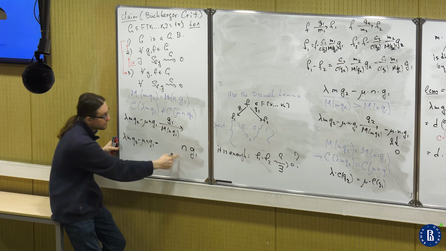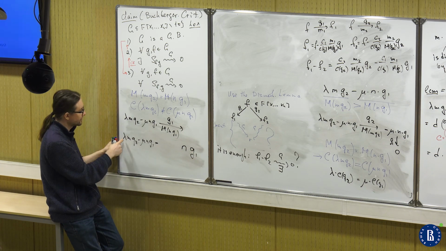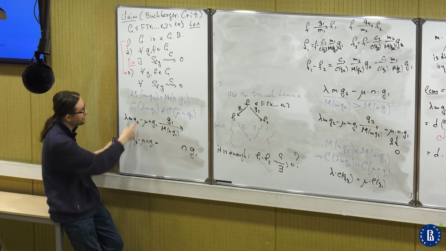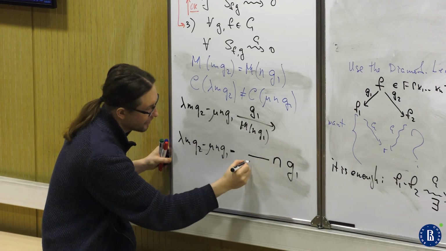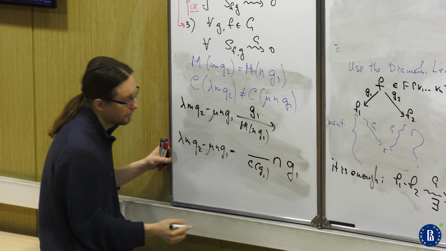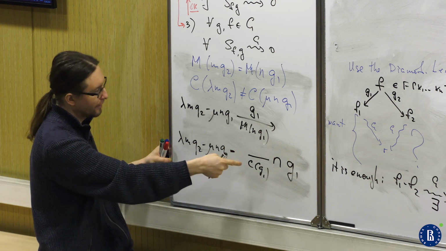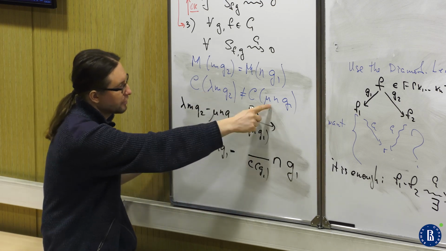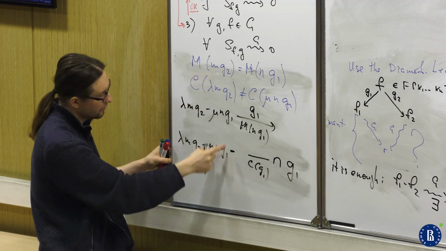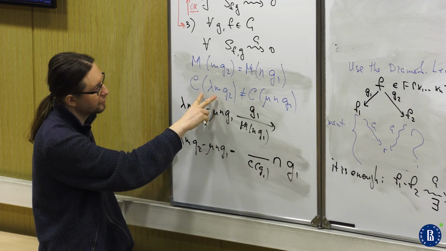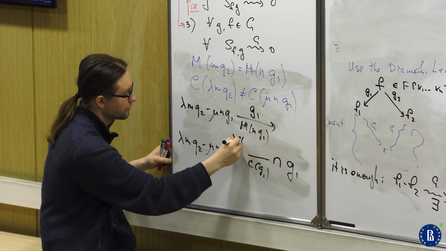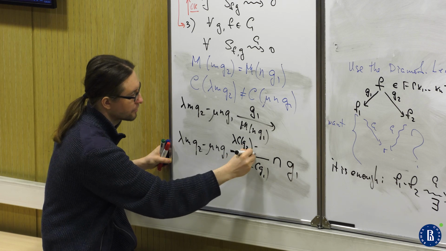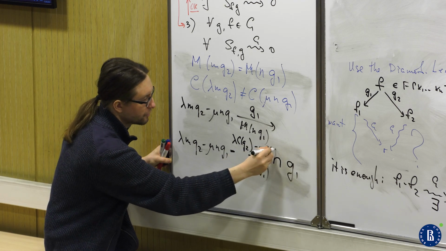Now we want to make the leading coefficient of this the same as the coefficient near this monomial. First of all, we divide by the leading coefficient of G1 to make it 1. And then we multiply by the leading coefficient here. But the leading coefficient here is the difference between this and this, so it will be lambda c of G2 minus mu c of G1.